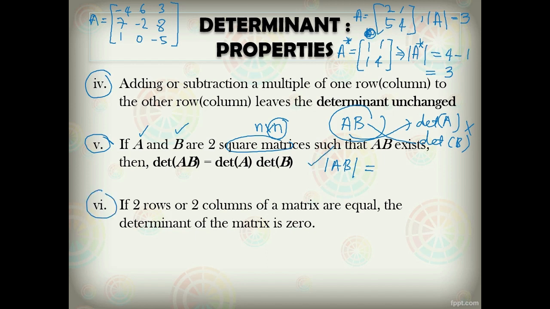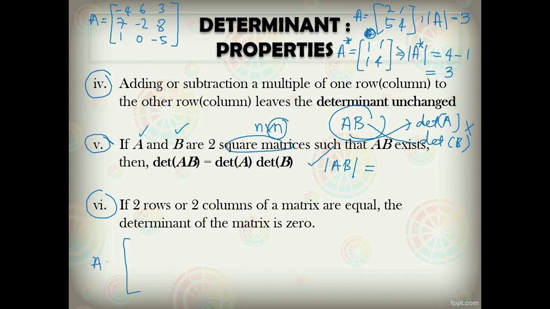Right, so the last property is if two rows or two columns of a matrix are equal, the determinant of the matrix is 0. So if you see two columns or two rows of the matrix are equal, you don't need to proceed to find the determinant because it automatically becomes 0.